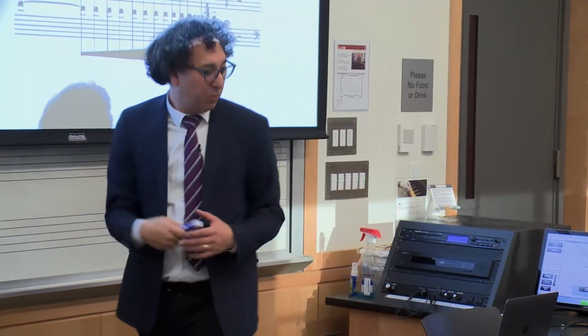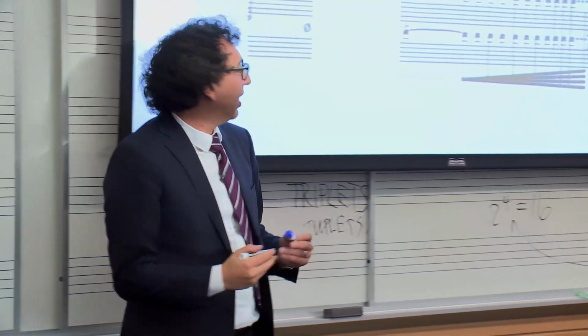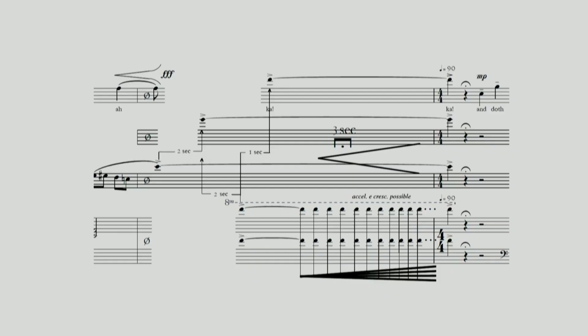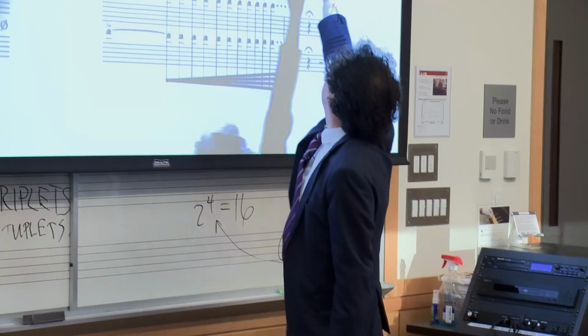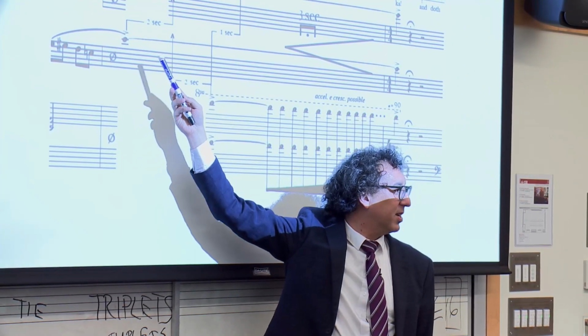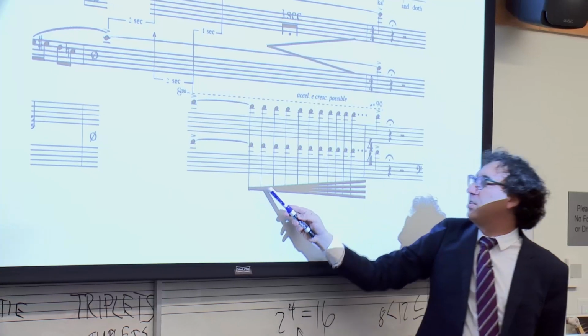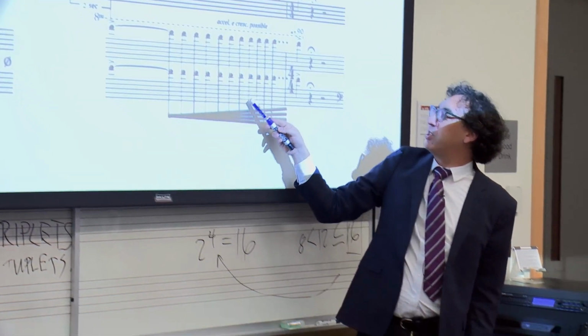Limits of common Western music notation come out in certain pieces. This was, I think, my freshman composition assignment when I was trying to be a composer, where I've used some things that look like normal notes, but at this point I didn't want to calculate what the tempo was, so just hold it for about 2 seconds, hold this for about 2 seconds, and then get to this point, and this part should accelerando.